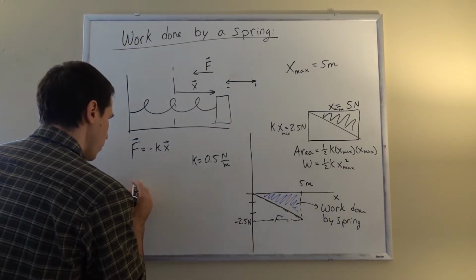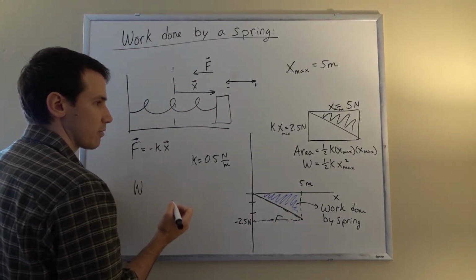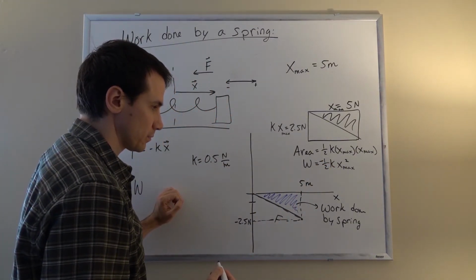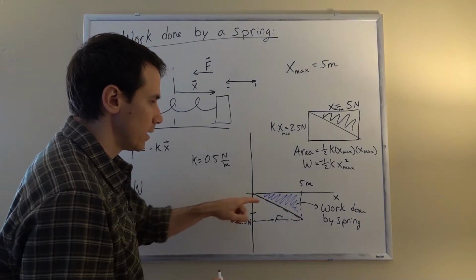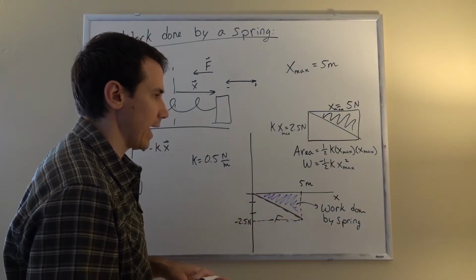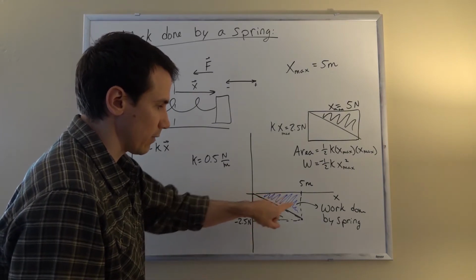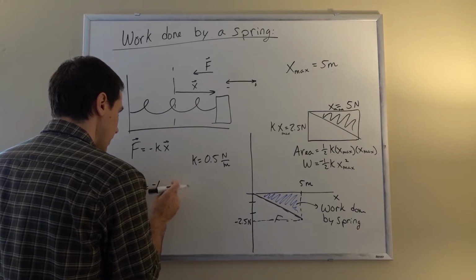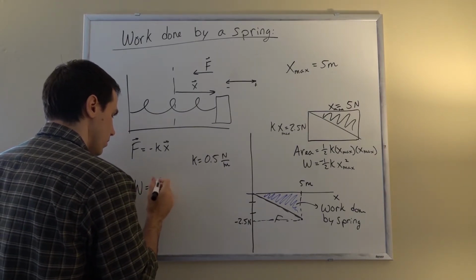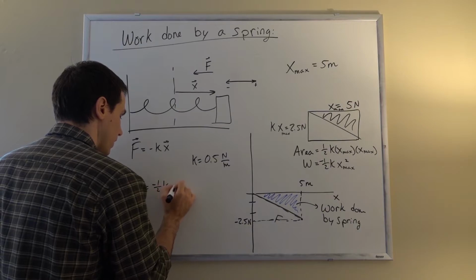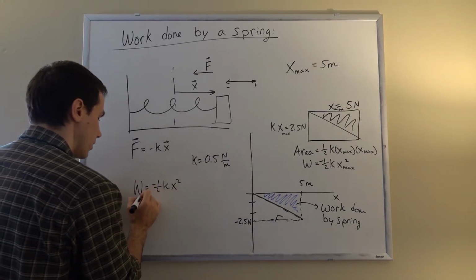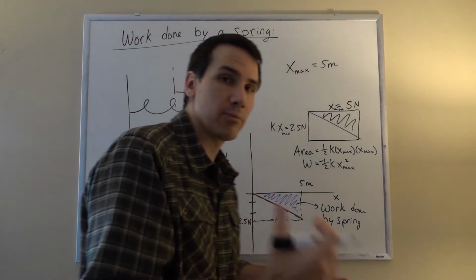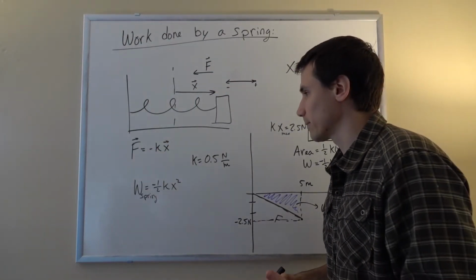So the work done by a spring, and of course the work is the negative of the area, because our area is below the x-axis, looks like negative 1/2 kx squared. So this is the work done by either compressing or stretching a spring.